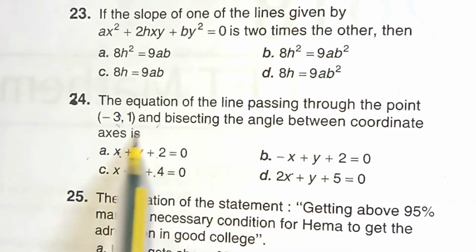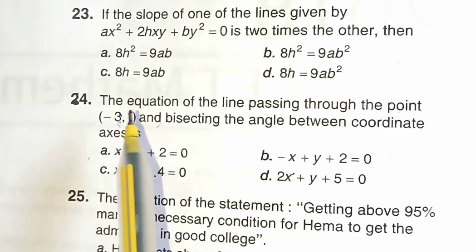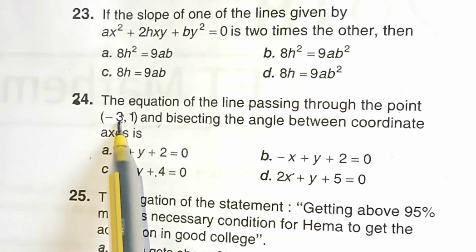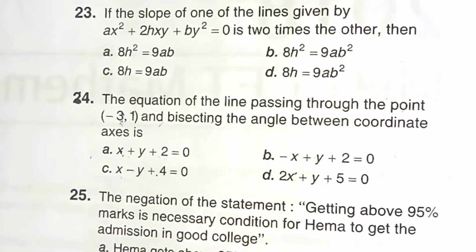That means we want the equation of a line which holds these two conditions: first, passing through (-3, 1), and second, bisecting the angle between our coordinate axes.